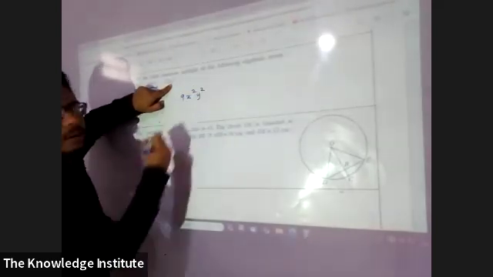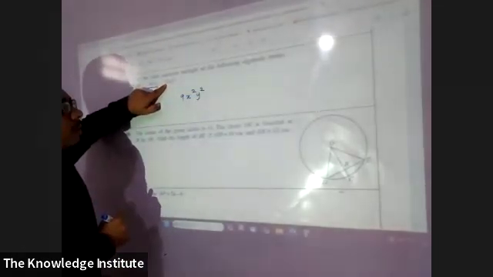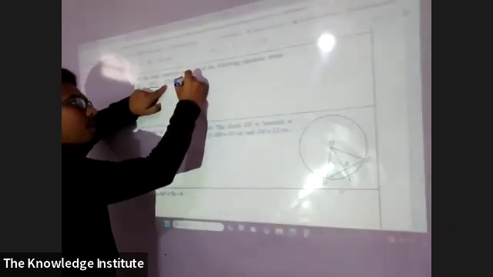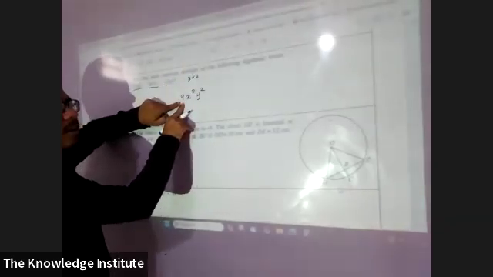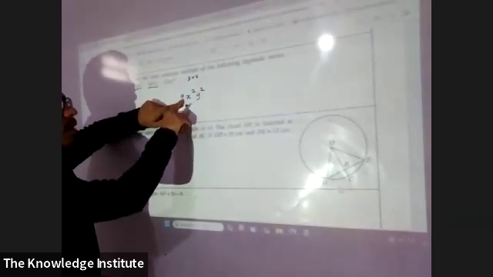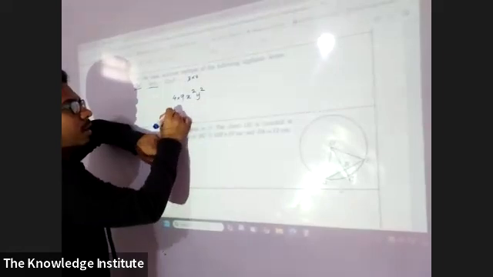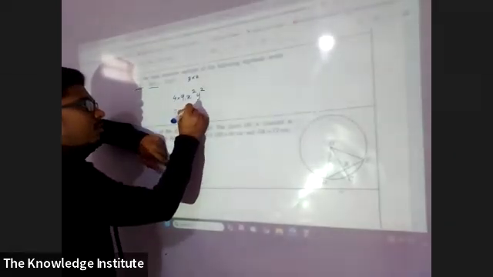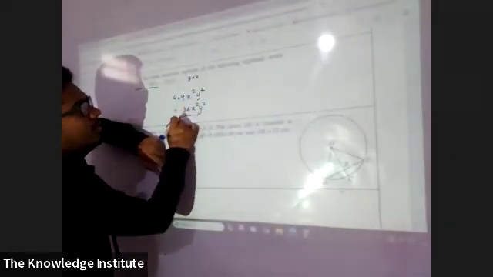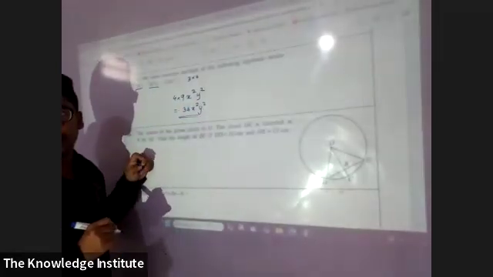And then here 12. So 12 is 3 into 4. But in 9 we can see only 3, so there is no 4. So we have to multiply by 4. So therefore 36x squared y squared is the answer. Got it?